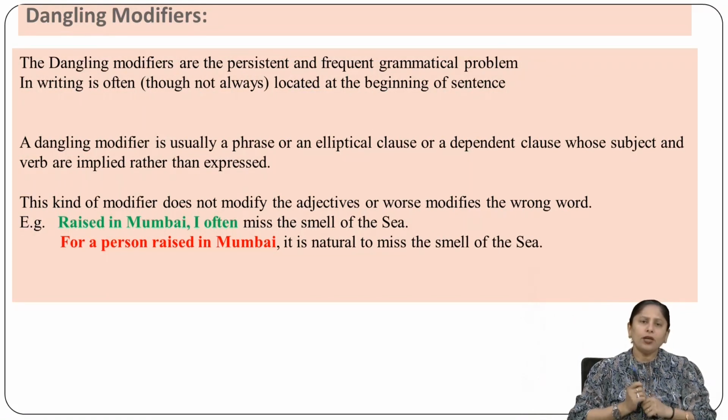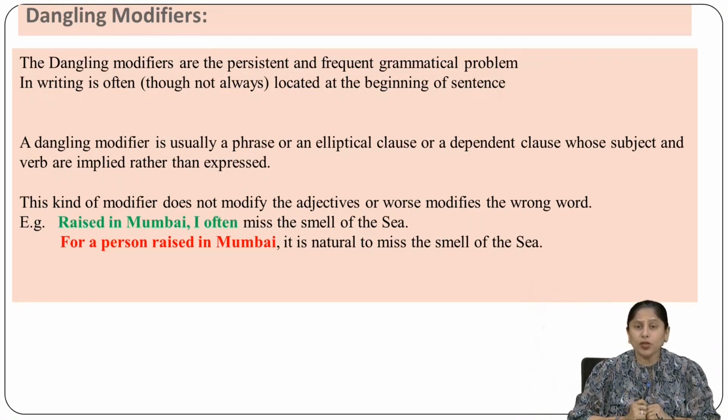Dangling modifiers are a persistent and frequent grammatical problem. Look, they are problems. In writing, they are often, though not always, located at the beginning of the sentence. It happens that dangling modifiers, meaning indicators, meaning phrases also sometimes, may come in the beginning of the sentence, in the initial part of the sentence.